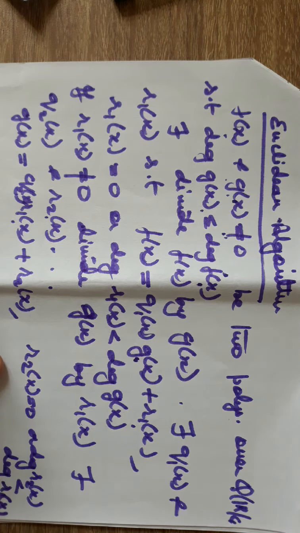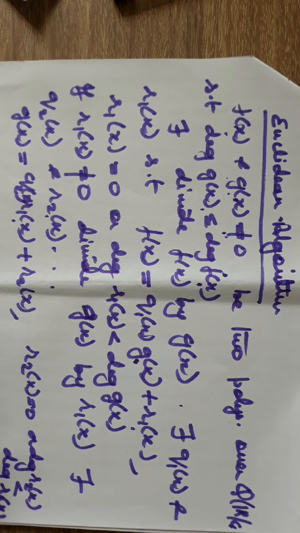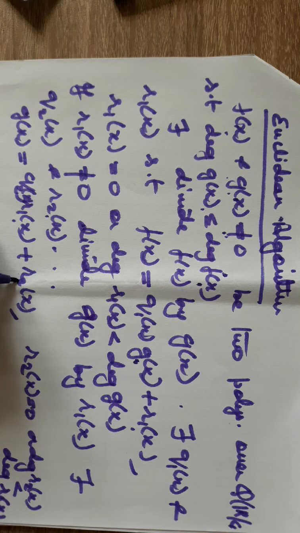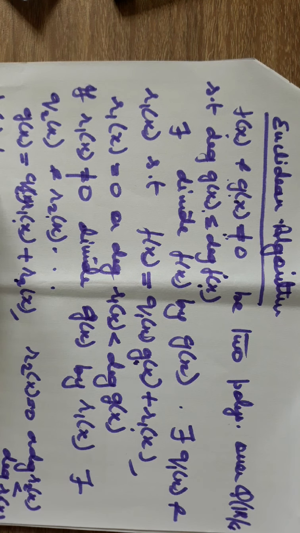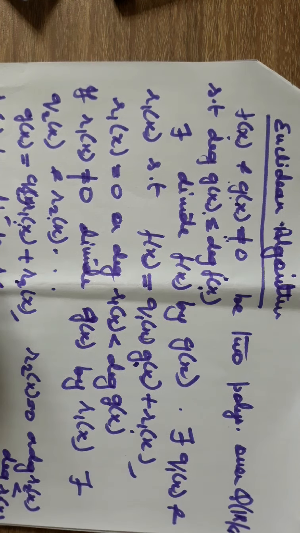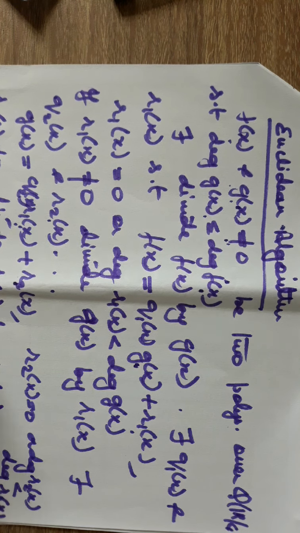This process will continue for a finite number of steps till you get the least remainder. Suppose r2(x) is not equal to 0, then you divide r1(x) by r2(x).